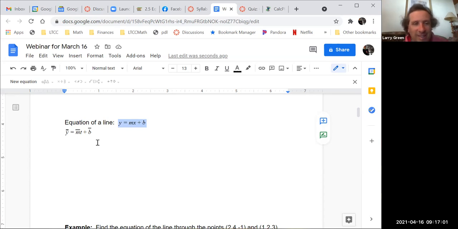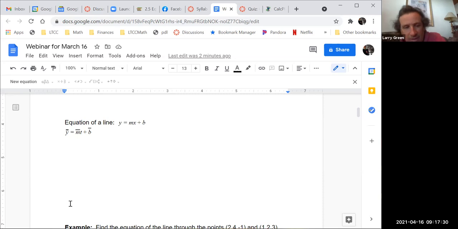But the good news is y vector equals m vector t plus b vector even works for vertical lines. There's nothing different about vertical or horizontal lines. This works for all lines, whether they're vertical or horizontal or weird looking, any line. So this is always going to work, and it's useful. It's used in a lot of different places.